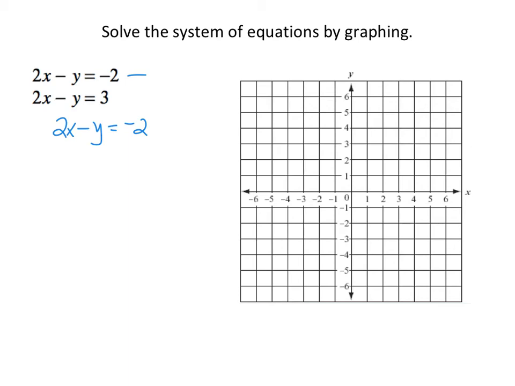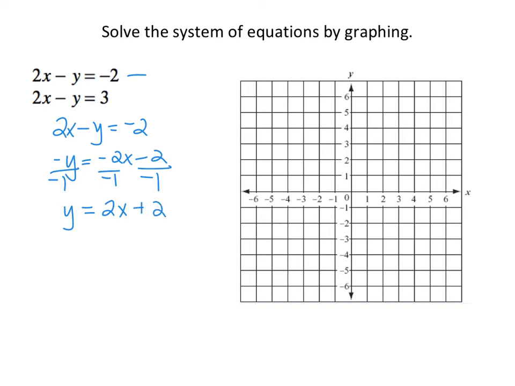So I'm left with negative y is equal to negative 2x minus 2. From there, I need y to be completely isolated, so I'm going to divide everything by negative 1. This just changes the sign of everything else. So y is equal to negative divided by negative becomes positive 2x, and again, this becomes positive 2.